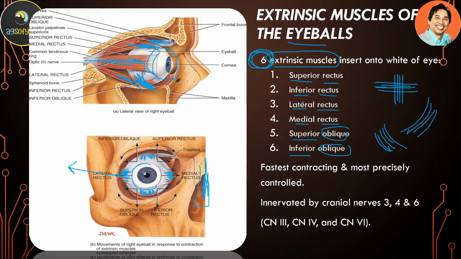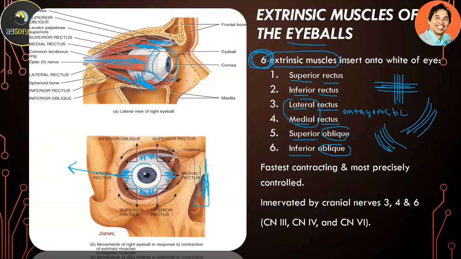So these lateral and medial muscles are antagonistic muscles, because one relaxes while the other contracts. If you want to move your eyeball out, the lateral rectus will be contracted and the medial rectus will be relaxed.